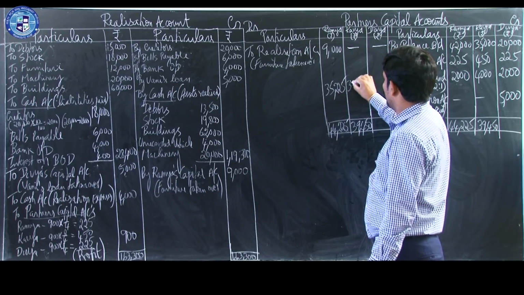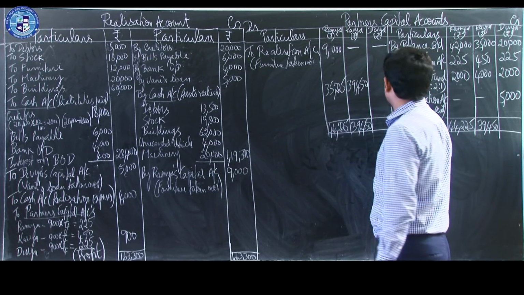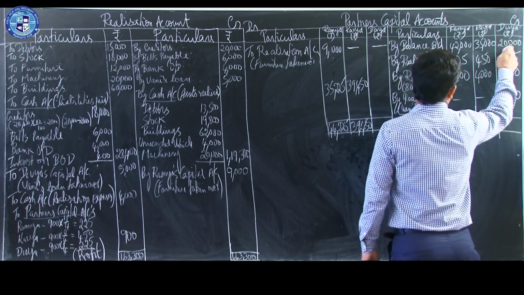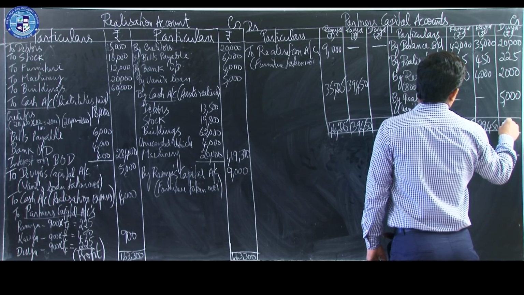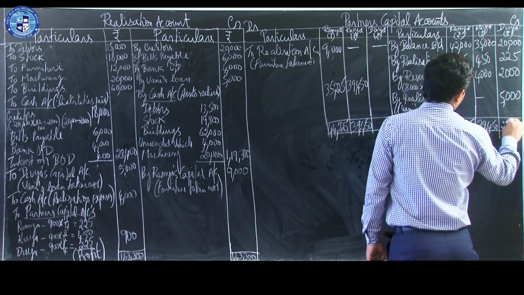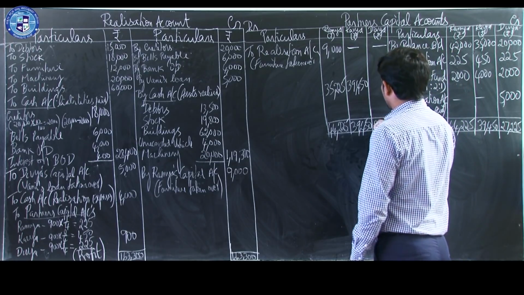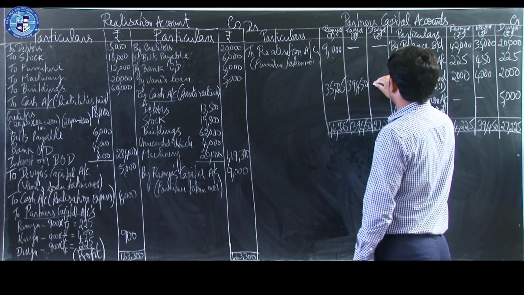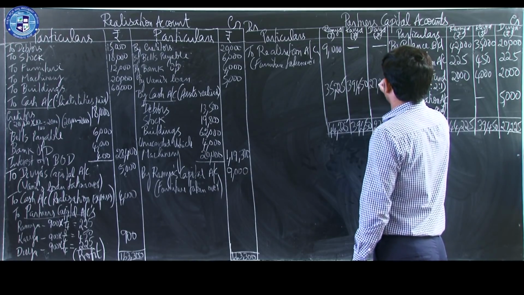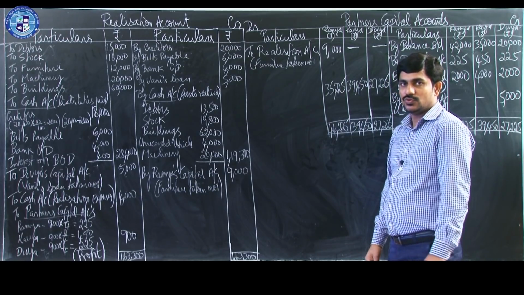No. So balance remains 39,450 only. Last one, Divya. Total Divya's column: 25,000 plus 2,000 plus 225, 27,225. Same total right under debit side. Minus debit side amount, anything is there? No, 0. So balance will be 27,225 only.